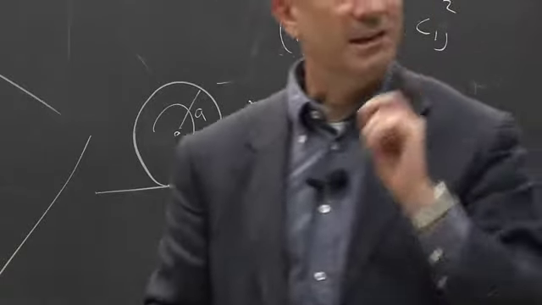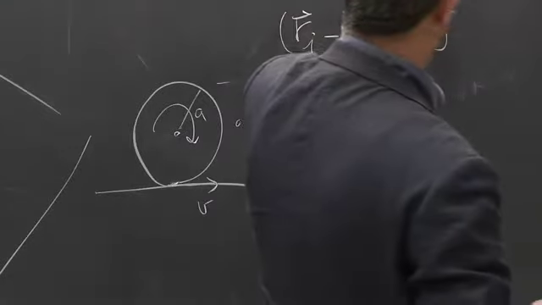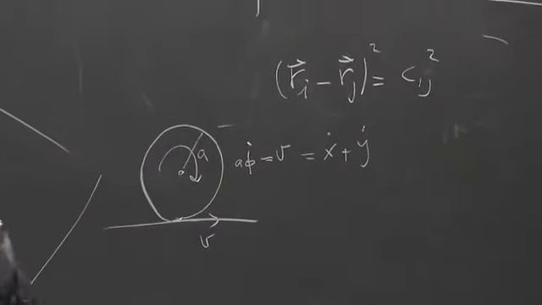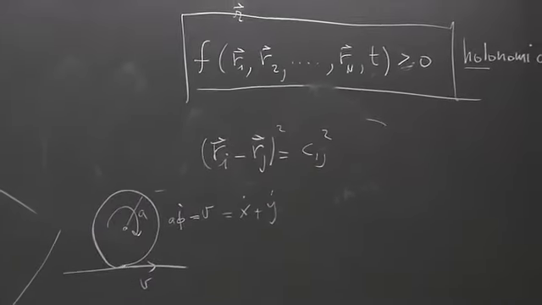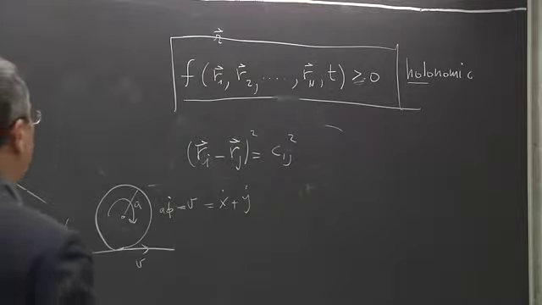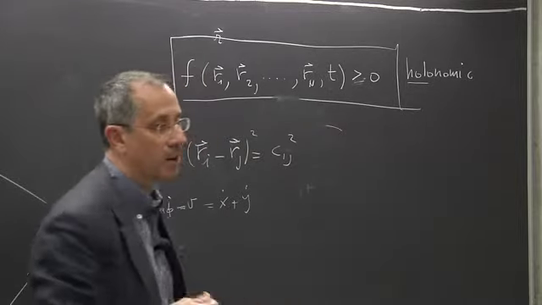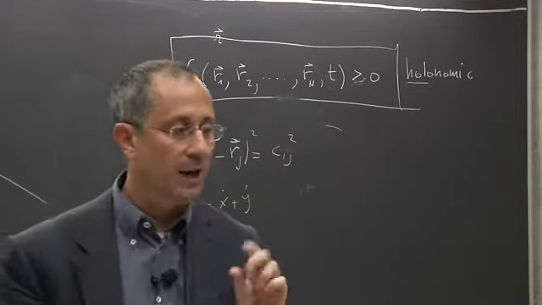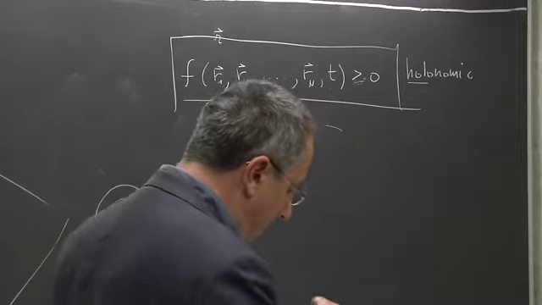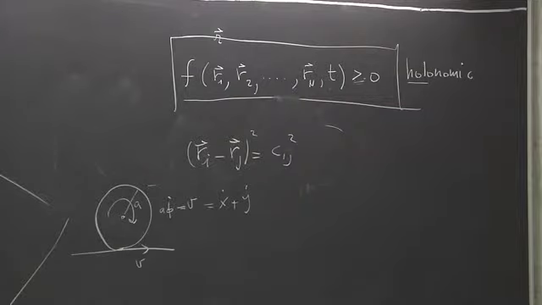But look, it's not holonomic, right? Because it's not the coordinates, but the velocities that I'm connecting. So this is another interesting example of something that is a constraint, but is not holonomic, okay? Because the relation that I'm giving you is not on the coordinates, but rather on the velocities.